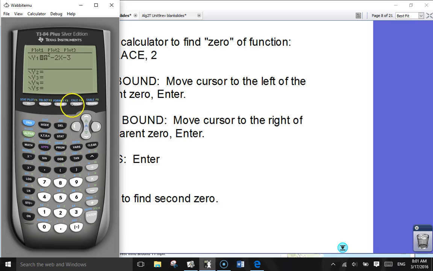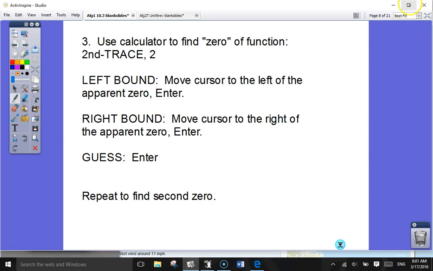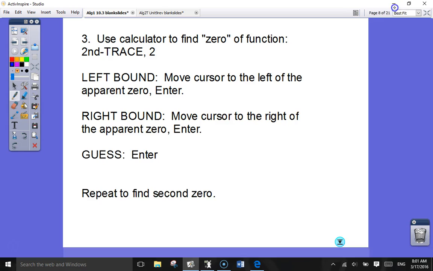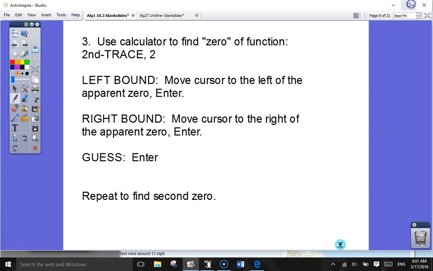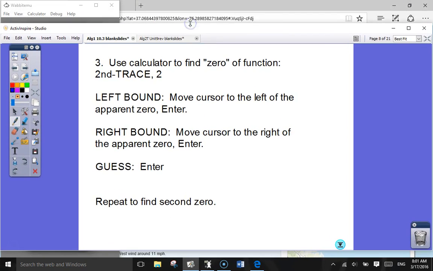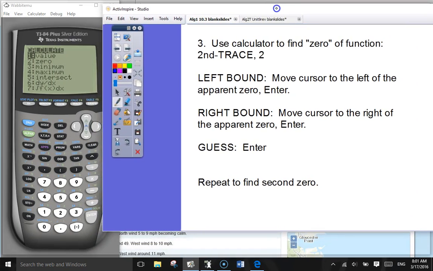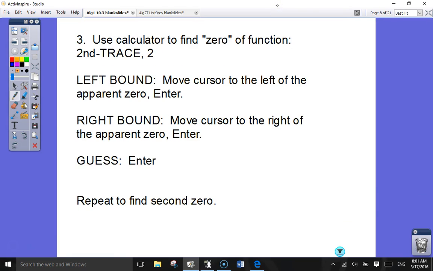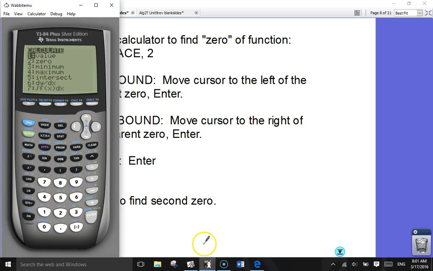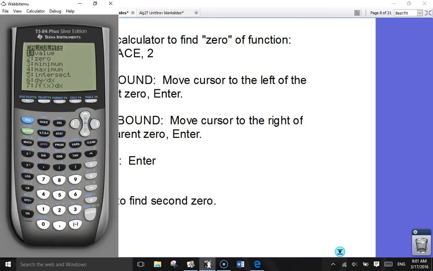So you go second trace, and I'm trying to get this thing done. Let me have both, okay? I cannot figure that one out. Okay, so close. Sometimes it'll let me scoot it over here, and sometimes it wants it to go back where it was.